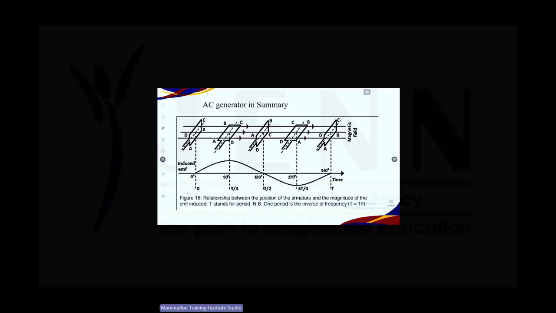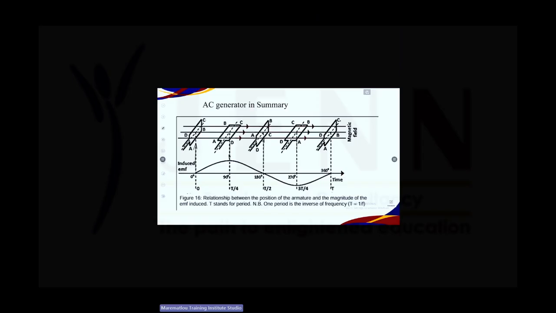Now, this is what one oscillation would look like. Can you see here? This is going to be your vertical. Then your coil is parallel with your magnetic field. That is going to be your maximum. Then again, you are going to have your vertical, where absolutely no EMF is going to be induced.